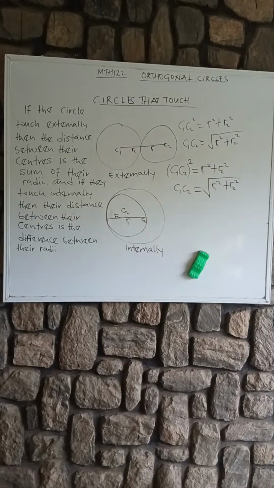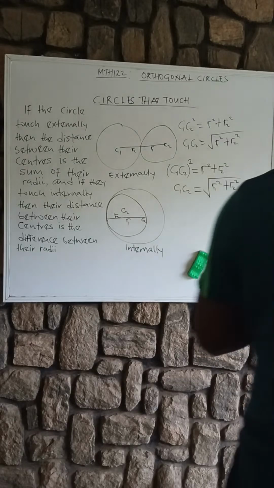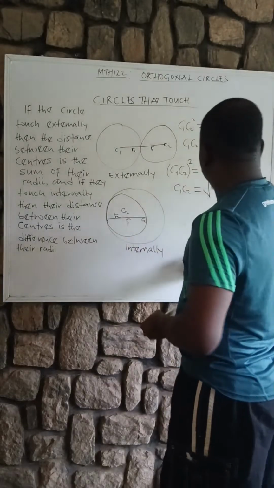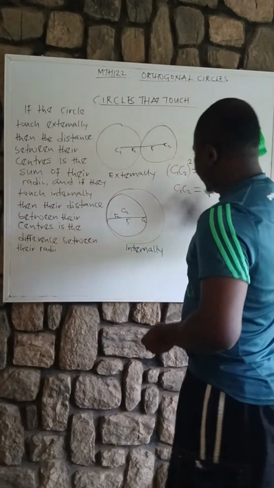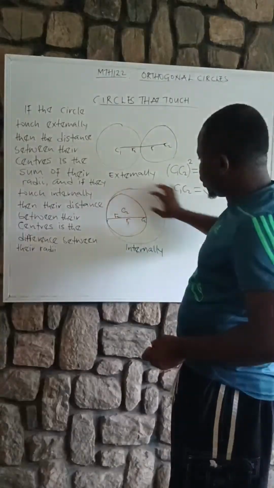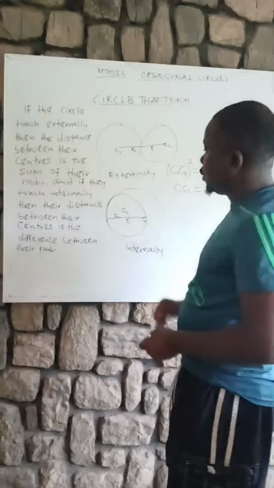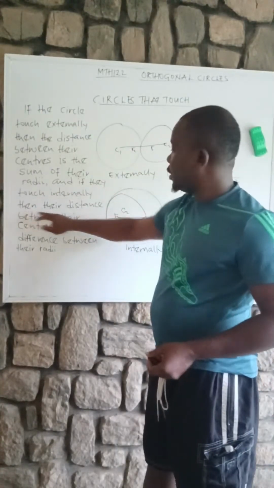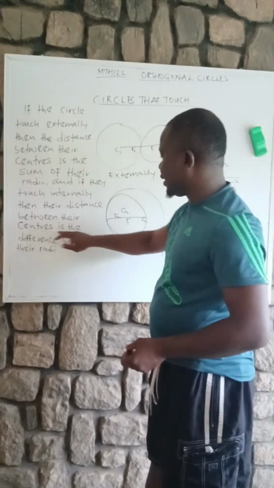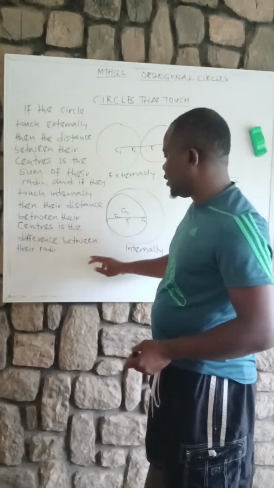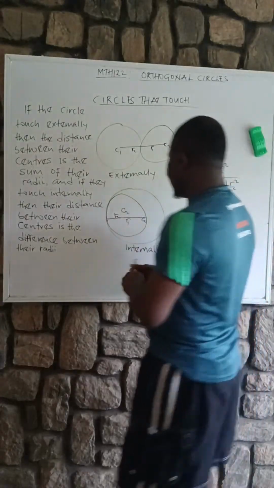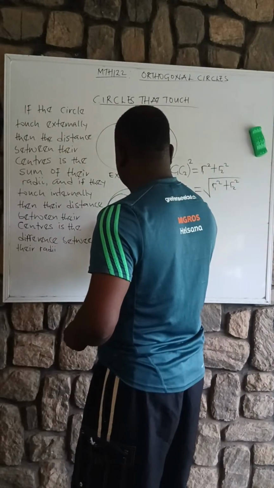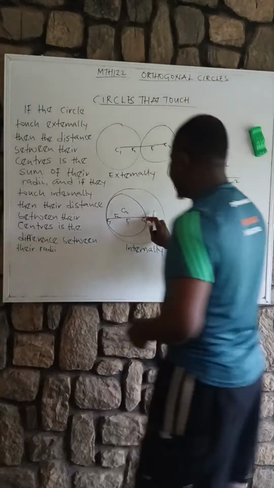What this is trying to say is, if these two circles, look at them here, touch internally, then the distance between their centers is the difference between their radii. So this is center 1 and this is center 2.